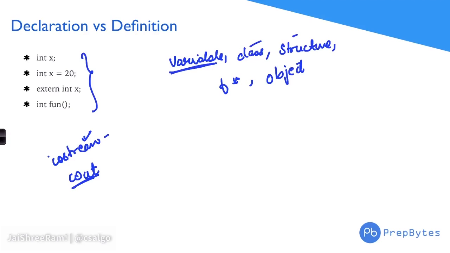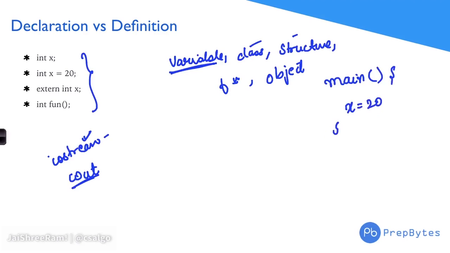Variables could be integers, numbers, strings, characters, or an array. When I tell you to declare a variable, I am just informing the compiler that it exists. Let's say I have a function main, and in this I am doing x equal to 20.